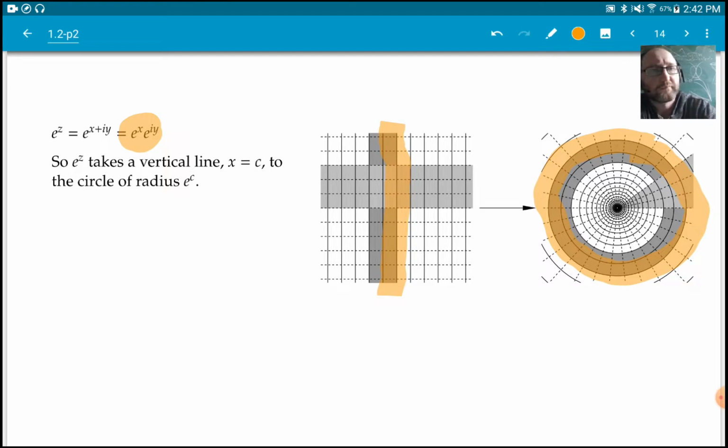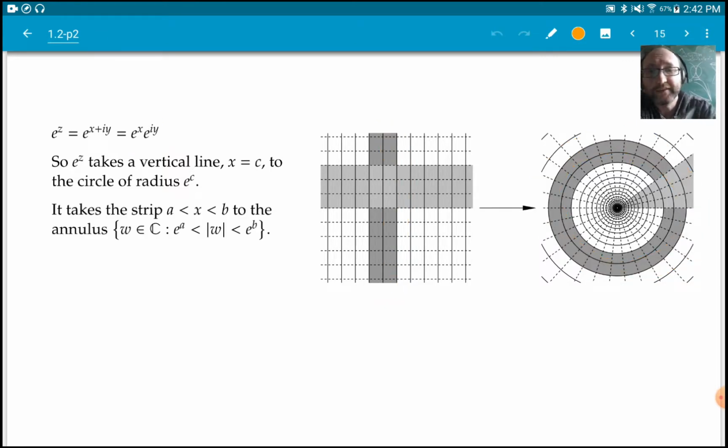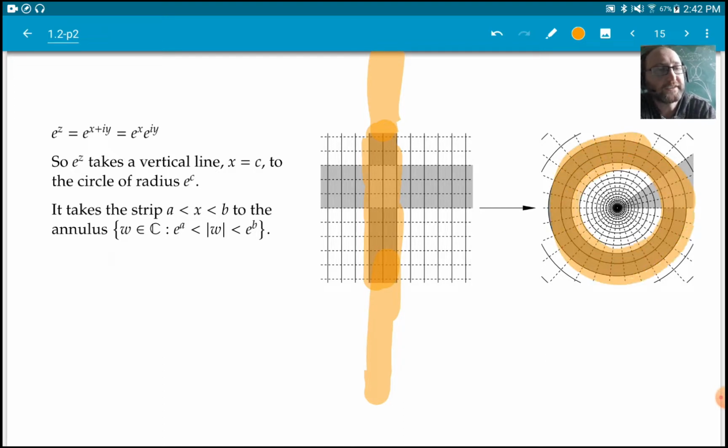Now, that also means that if you take a strip, in this case this dark strip, and you take it all the way up to infinity, then that gets wrapped around this annular region over here. And again, it gets wrapped around infinitely many times, so it's not a one-to-one mapping in any way.